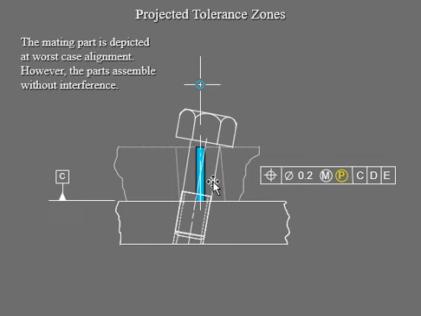So right now the mating part is shown with the worst possible error you will ever make, with this horrible alignment. But the part assembly is successful without interference because of this little projected tolerance zone defined in it.